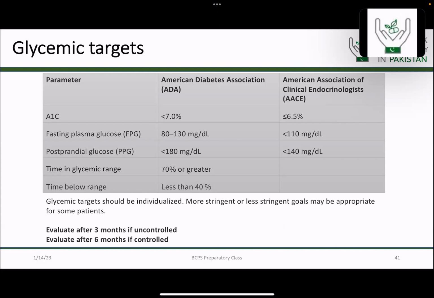If the patient is having continuous glucose monitoring, then you can also find out the last two parameters, what time the patient has remained in glycemic range. The patient should remain in the glycemic range for 70% or greater time, and below range should be less than 40%.